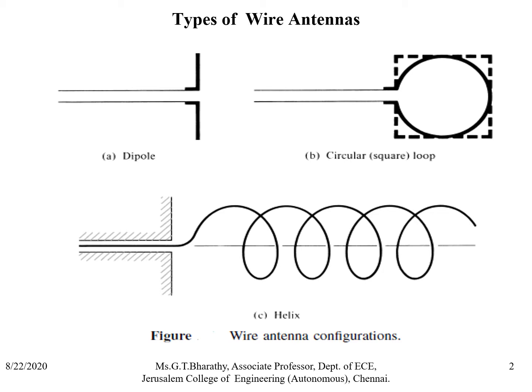The next category is the loop antenna. A loop antenna is a closed structure forming a loop. The shape of the loop can be circular, square, or any other shape. The third one is the helix antenna. In today's class we will proceed with the loop antennas.